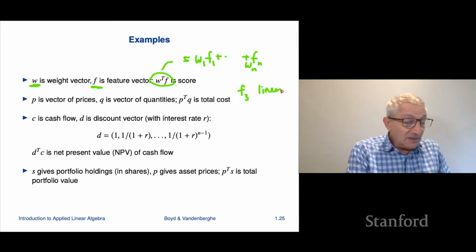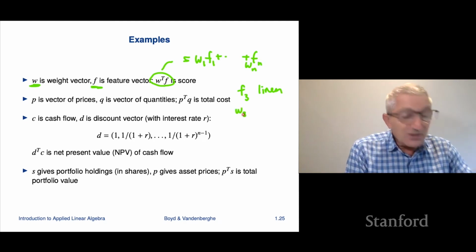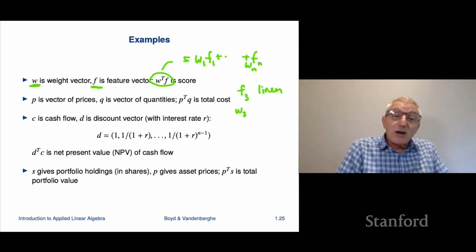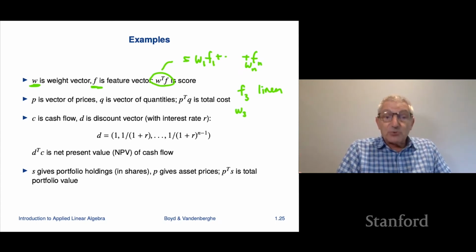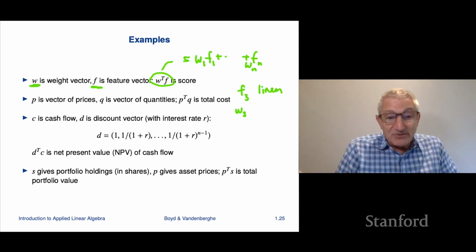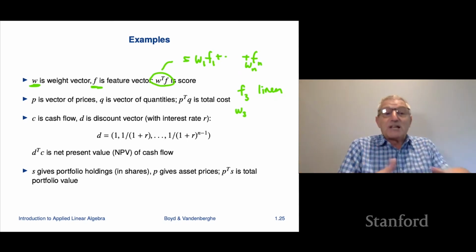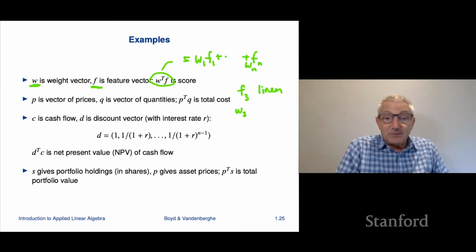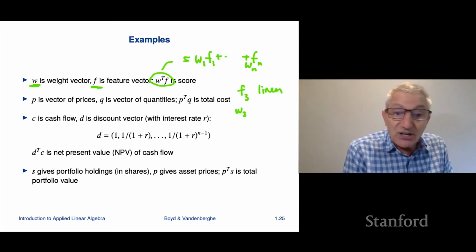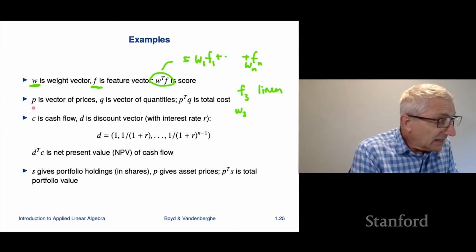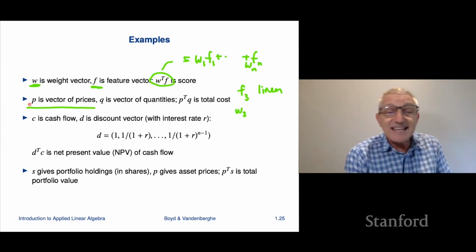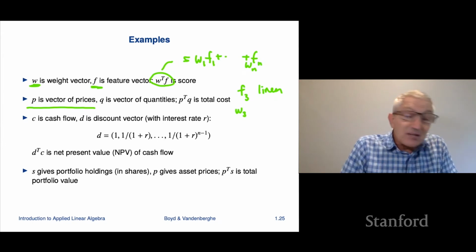Then w_3 tells you the weight on that word. If this was a search for things relevant to linear algebra, we would imagine that w_3 would be a large positive number. That says that the more times in your document you say "linear," the higher the score you assign that document. Okay, so this is just a generic example. Here's another one, price and quantity. Here I have p as a vector of prices of, let's say, n different commodities.